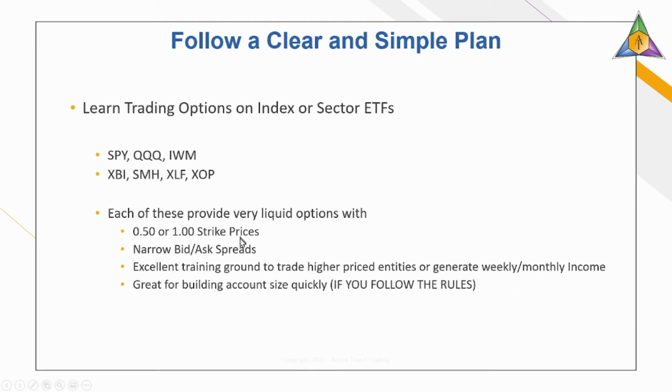Why do I like these particular entities to do options off of? Typically because my strike prices, I have somewhere between $1 and 50-cent strike prices. So if I'm trading live, it basically limits my exposure, but I still get to have the exposure for learning purposes, while I'm limiting my downside. Narrow bid ask, that's what I'm talking about.